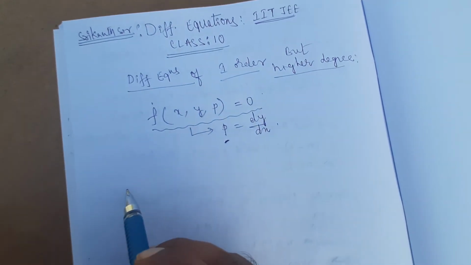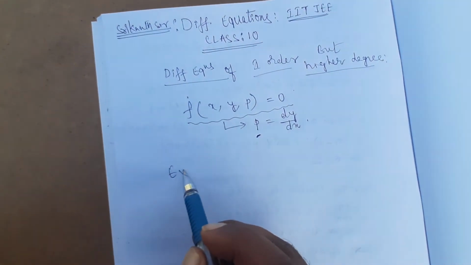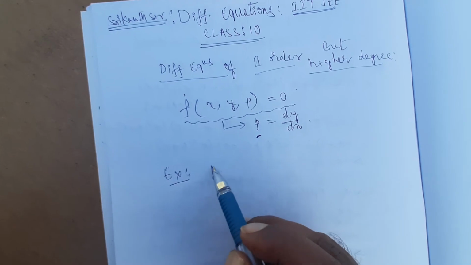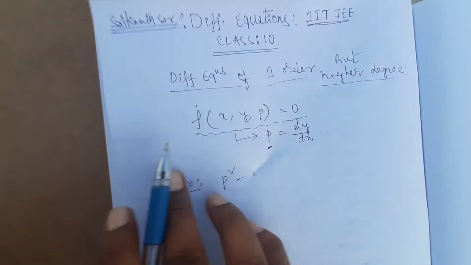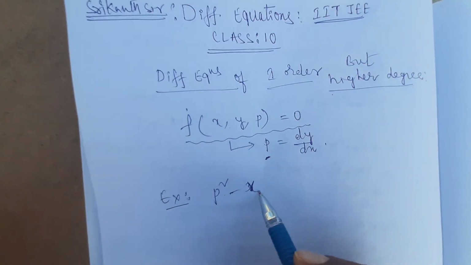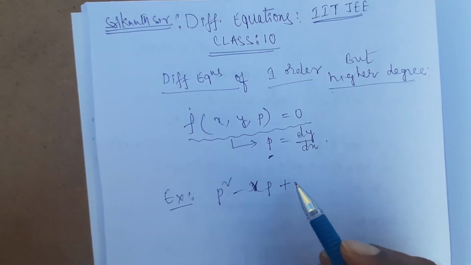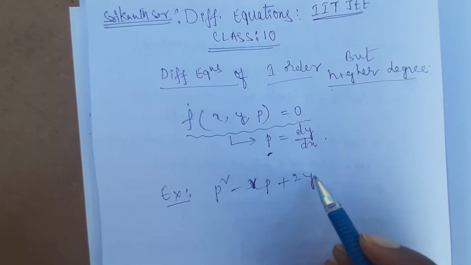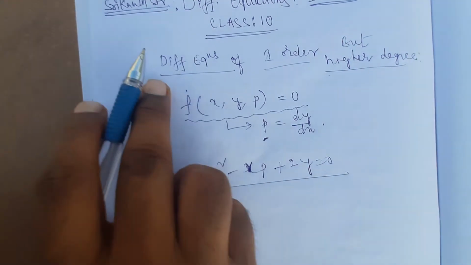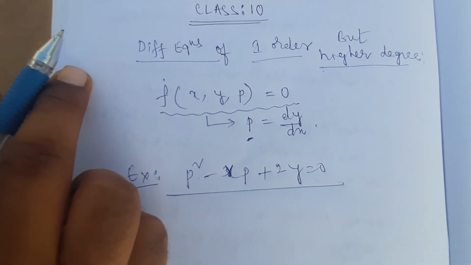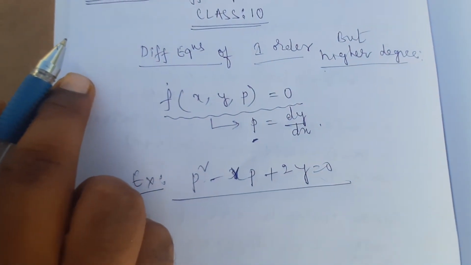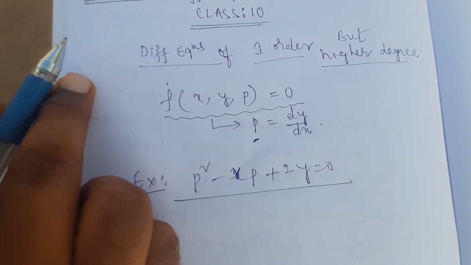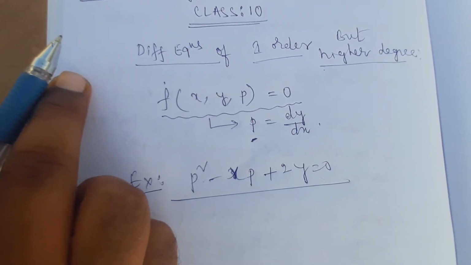For example, here is one example: p square minus xp plus 2y is equal to 0. If you consider p as dy by dx, then p square is given. So what is the order of the differential equation?